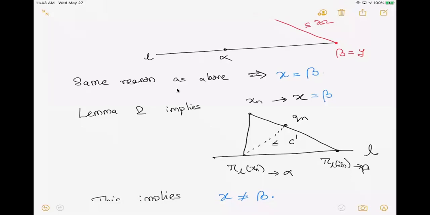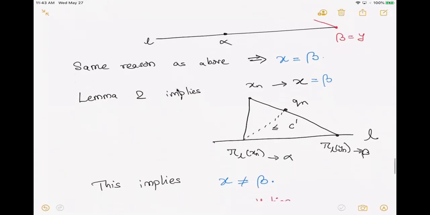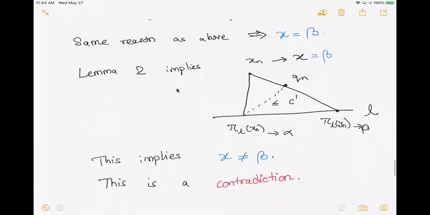But then lemma 2 says that this line segment must always intersect a compact neighborhood around the point alpha in omega. Hence, x cannot be equal to beta, and this brings us to a contradiction. So we have proven the remark by means of contradiction, and hence we complete the proof of the forward implication in theorem 1.